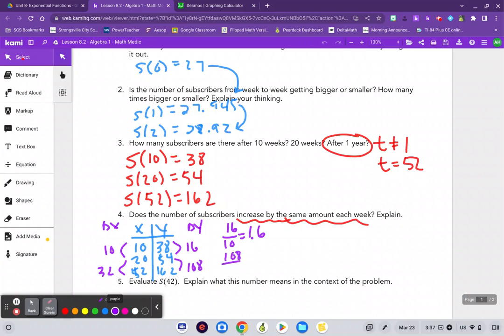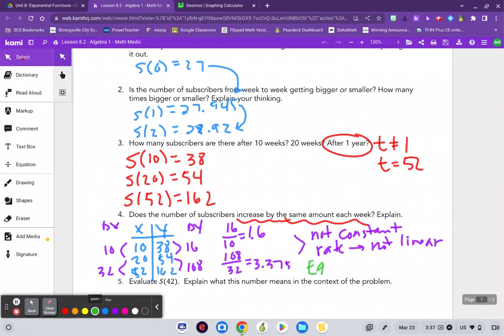And 108 over 32 is 3.375. So that tells me that these are not a constant rate, which means that this is not linear. Oh yeah, and by the way, the equation that we have is geometric, right? I'm multiplying to get my new number each time.